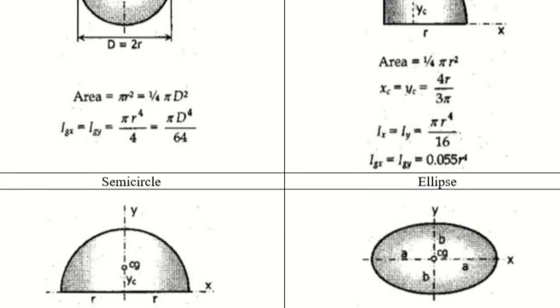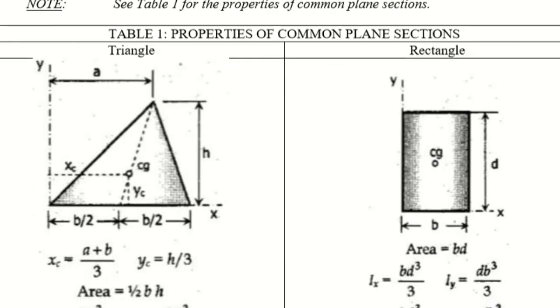Okay? Same din dito. Mayroon tayong XC, yan yung distance ng center of gravity hanggang sa Y. Tapos yung YC, yan yung distance ng center of gravity sa X. Gets?